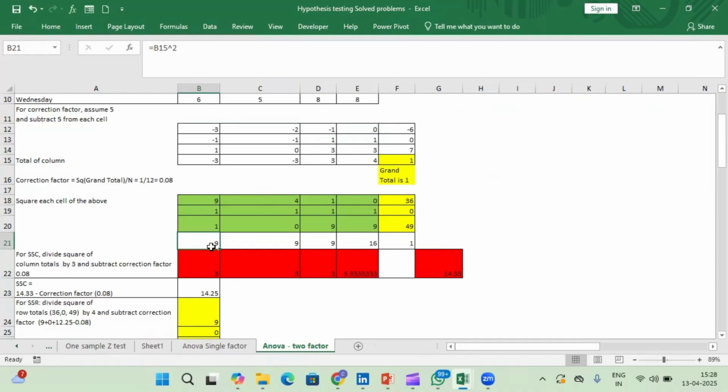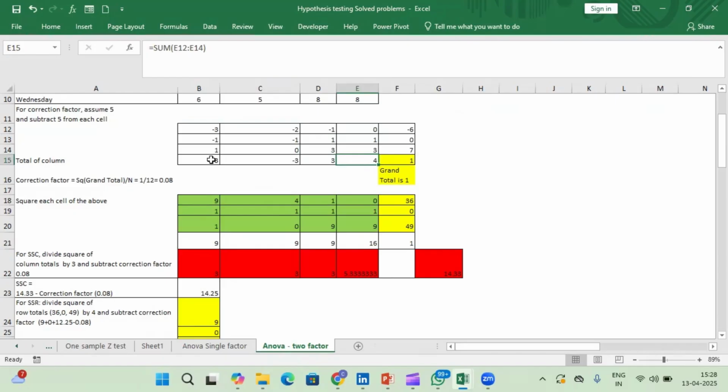SSC: divide the square of the column totals by 3 and subtract the correction factor. The column totals were minus 3, minus 3, 3 and 4.